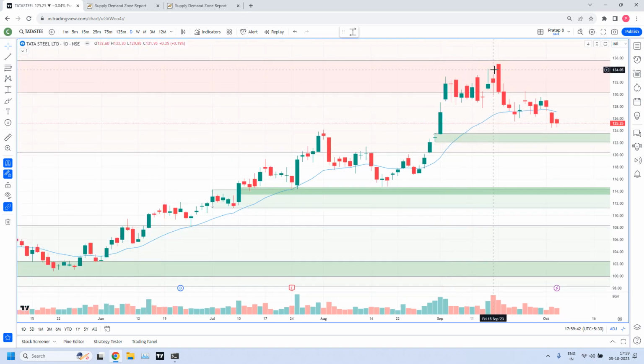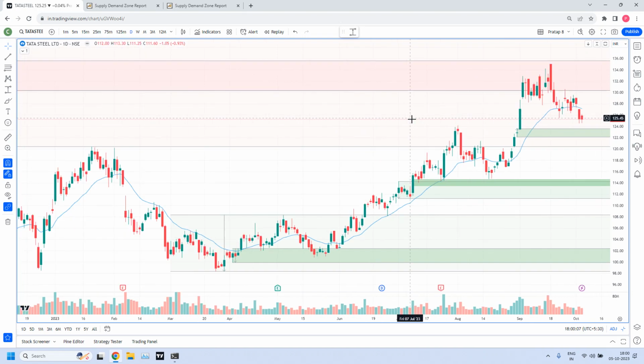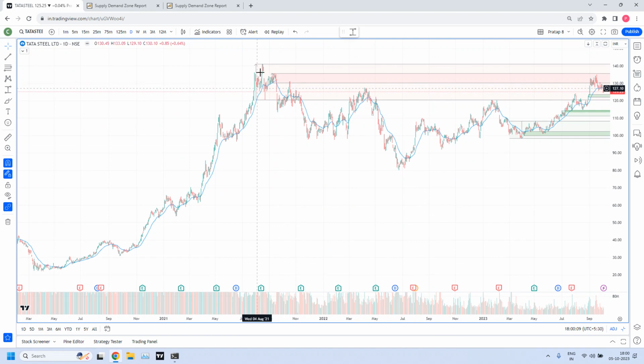So now prices are moving back from this monthly demand zone, sorry, supply zone, monthly supply zone. The prices are moving down from the supply zones. Sorry, this is the weekly supply zone, and the one above that, the light color, red color or pink color, whatever you say, is the monthly supply zone. So this is the monthly and this is the weekly supply zone.